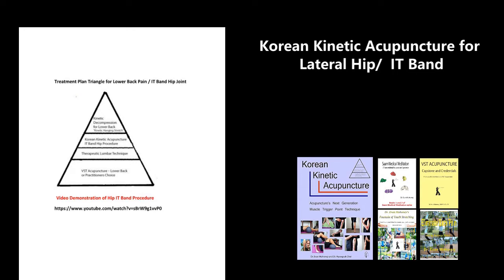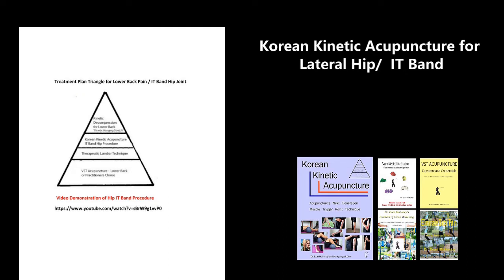So we do VST for the back, which incorporates the points along the urinary bladder line, along the five lumbar vertebrae, points along the urinary bladder points in that area, gallbladder. We do a lot of the gluteus muscles, maximus medius, and it may even incorporate piriformis muscles. And so then we also do local acupuncture on the lateral side hip.